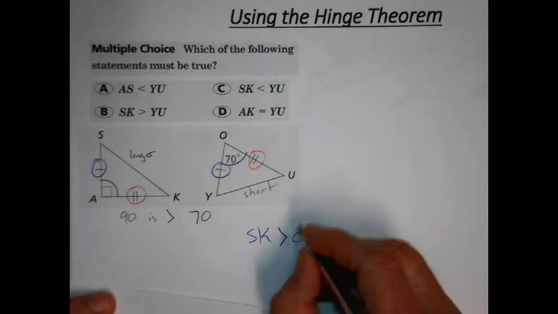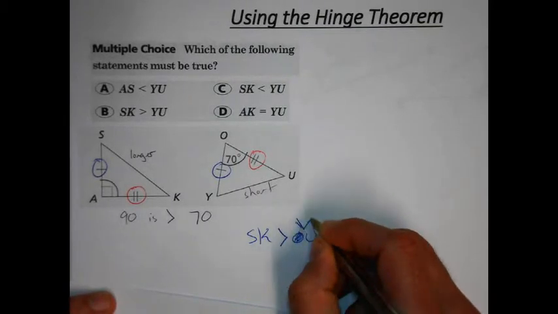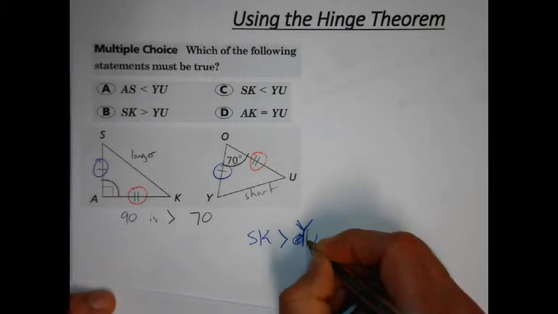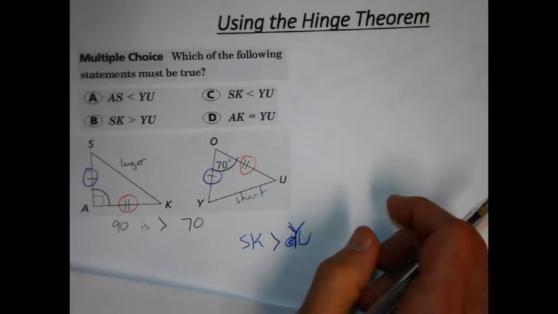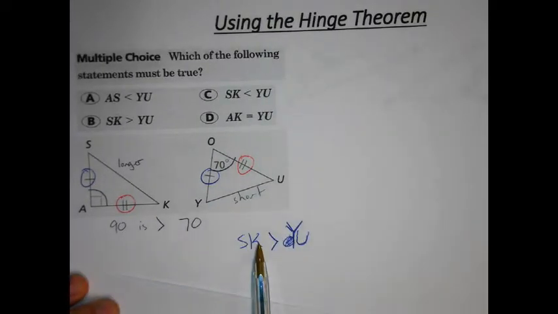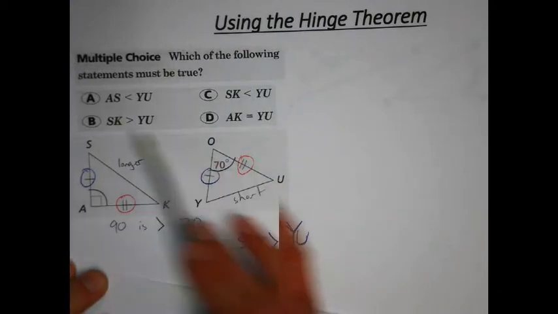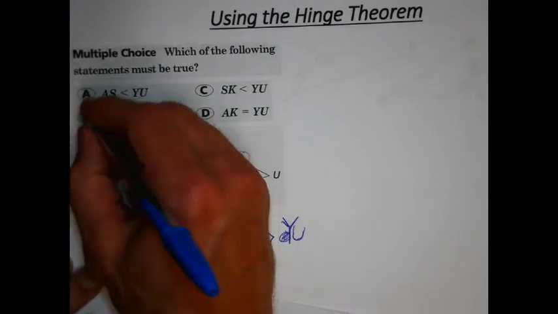Good catch, guys. So SK is greater than YU. Which one of these answers says that? B. So B is the correct answer, and that's how we use it.